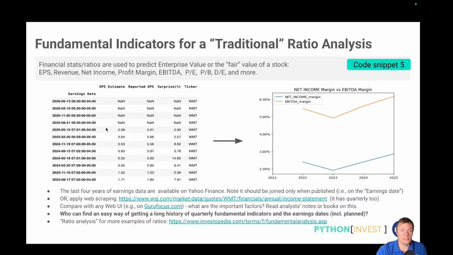Here are examples, like growth of revenue, net income, profit margin, EBITDA, price on equity, price on book value, debt on equity, and more. And here you see Walmart, whose last 3 years stats are getting better and better in terms of margins.